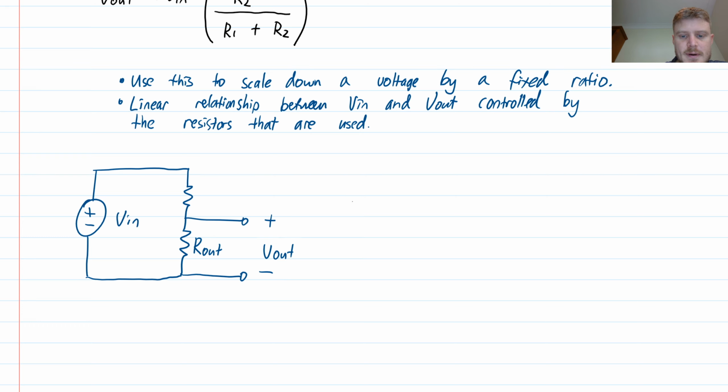Then I have this equation that voltage at the output is voltage at the input multiplied by resistance of the output divided by the total resistance of the voltage divider network.